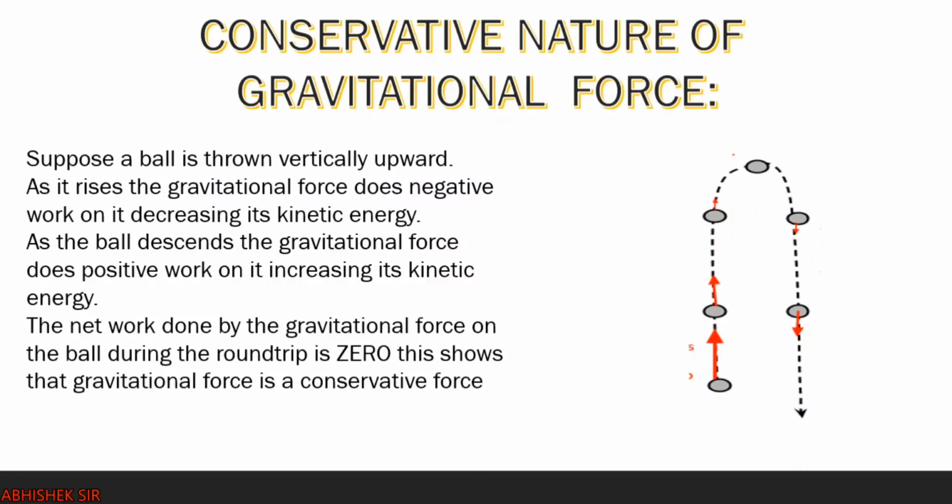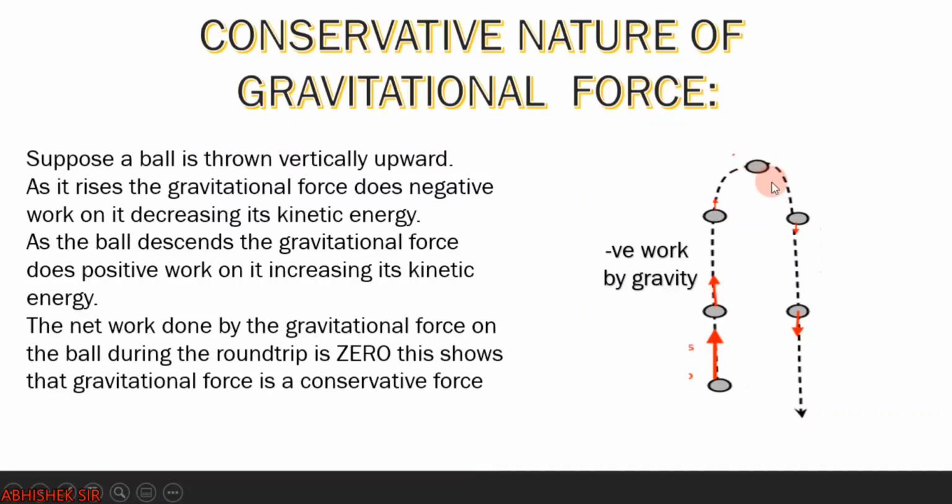As it rises, the gravitational force does negative work, because initially the velocity was more, so kinetic energy was maximum, and then slowly at the top, the kinetic energy becomes zero. So here the gravitational force is doing negative work by decreasing the kinetic energy.